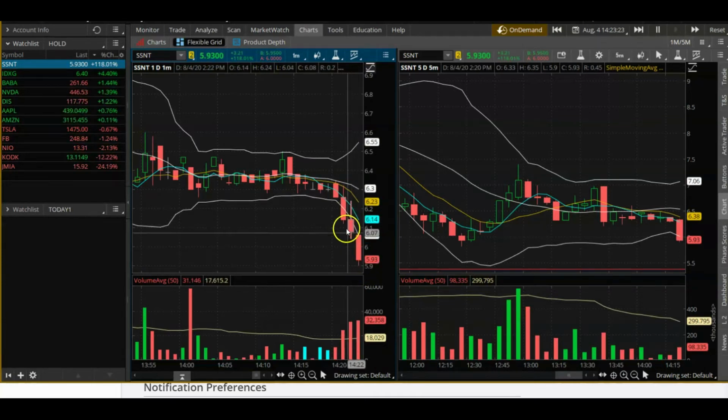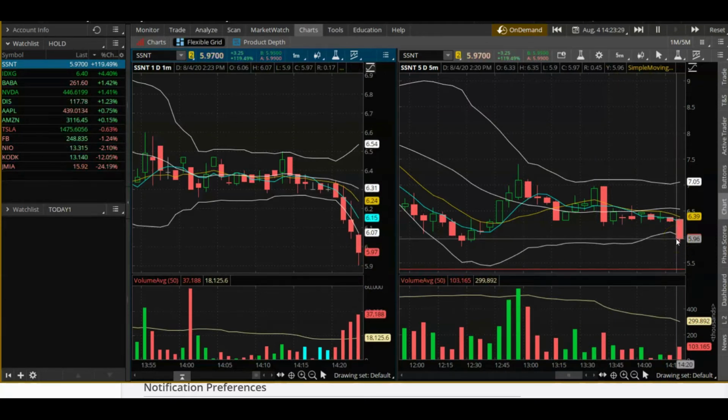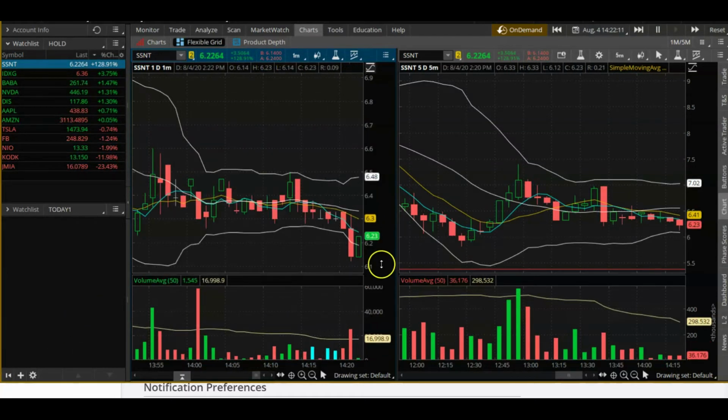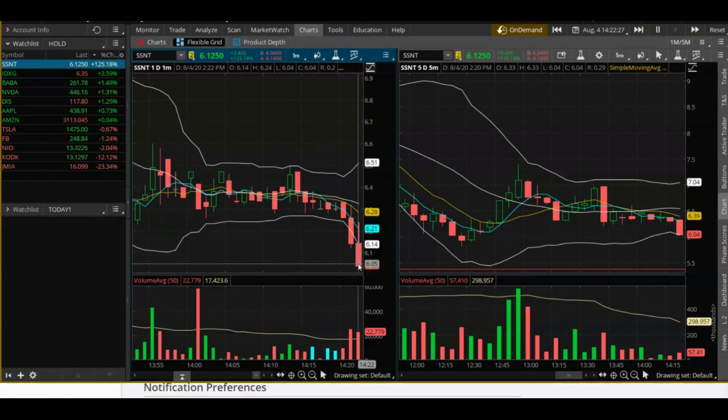because we want to see a reversal. We want it to hit the bottom, like we can see here, and then once it reverses is when we want to enter into our long trade. Now we see a first green candle. We've got to wait on it, and it turned red.